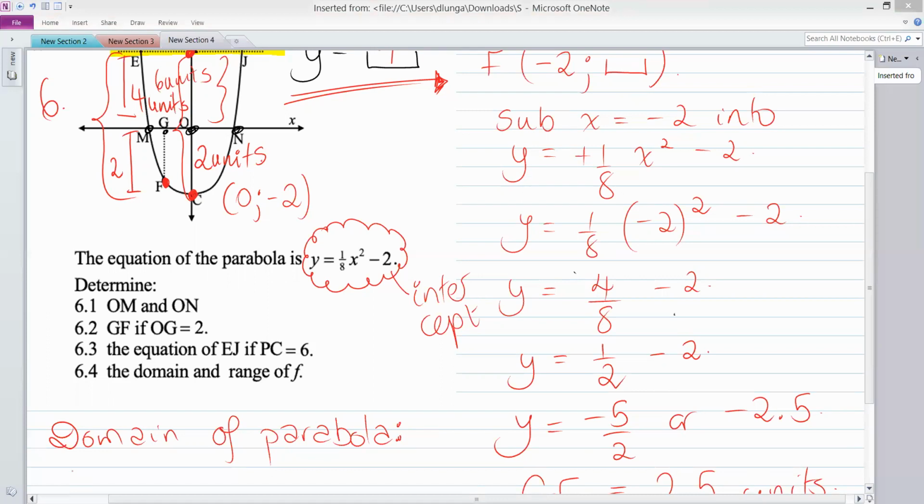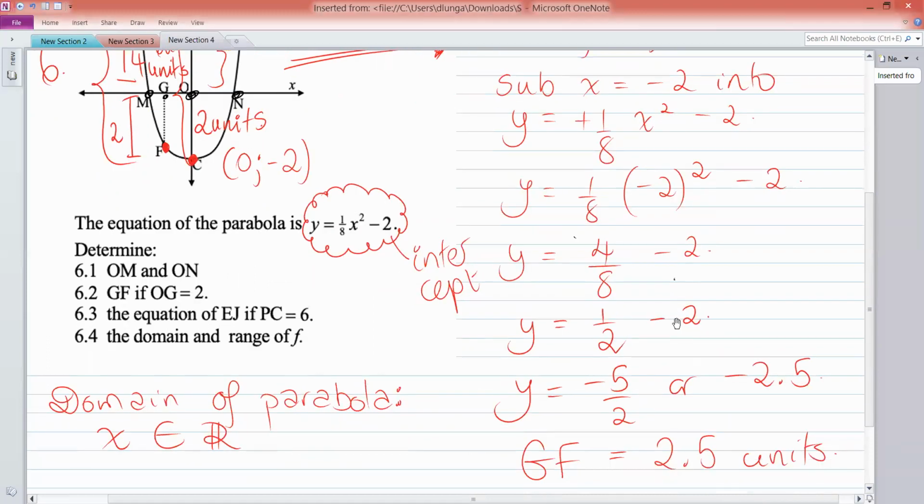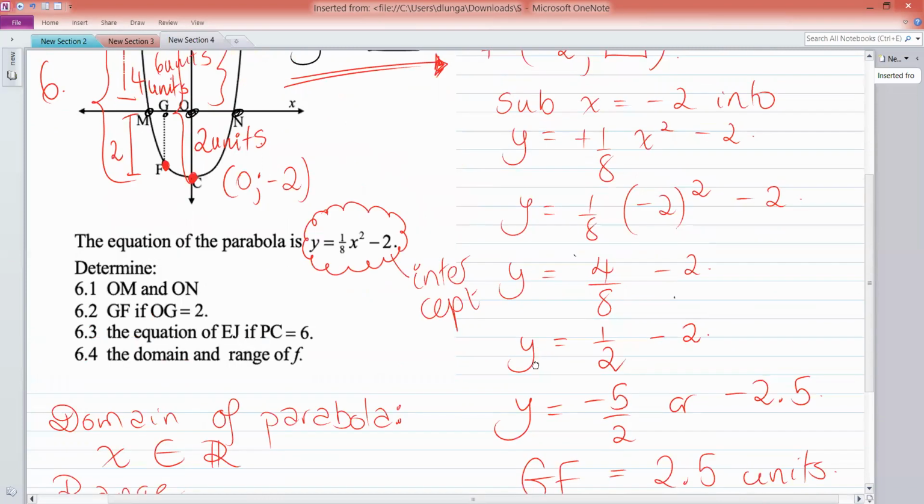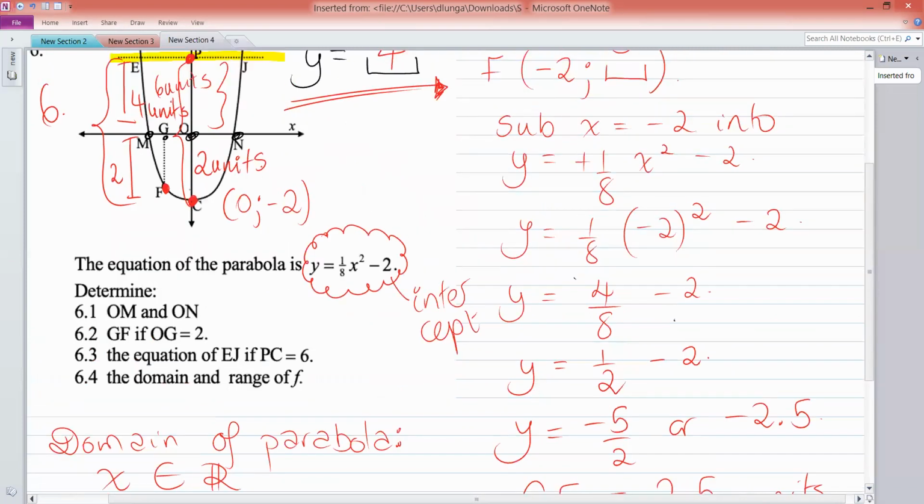Okay, so domain of all parabolas, x is an element of real numbers. Then the range looks at the minimum value, and it's always going to be y is greater than something or y is less than something. So for this one, what's the lowest y value that we can see from our graph? Or where do we see the lowest y value on this graph here?